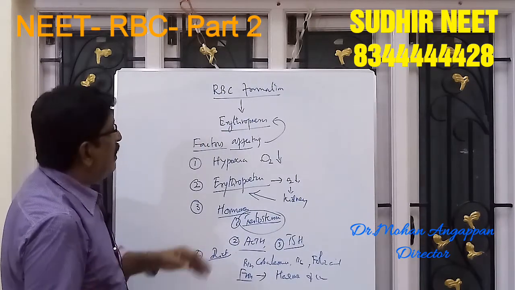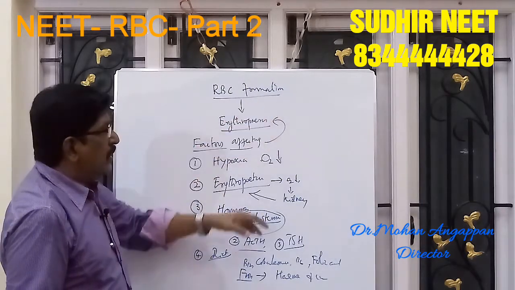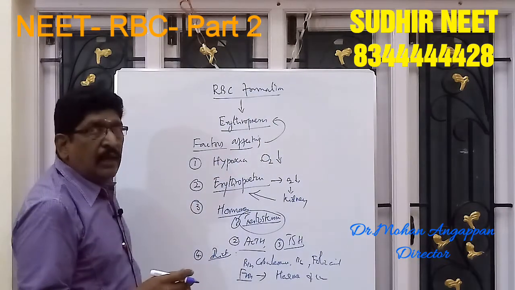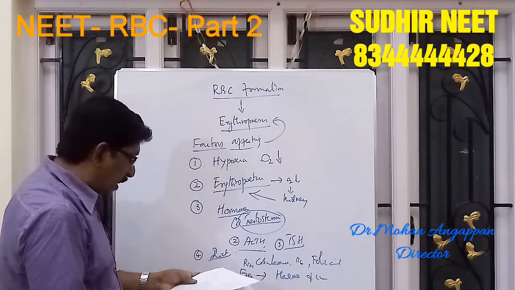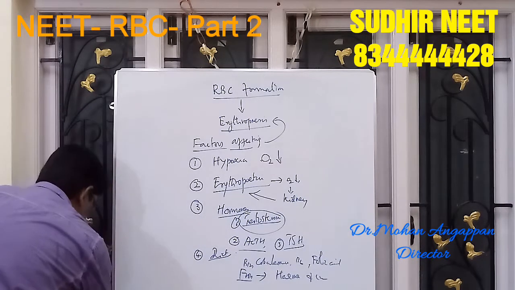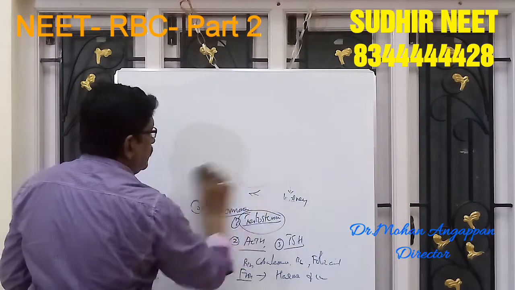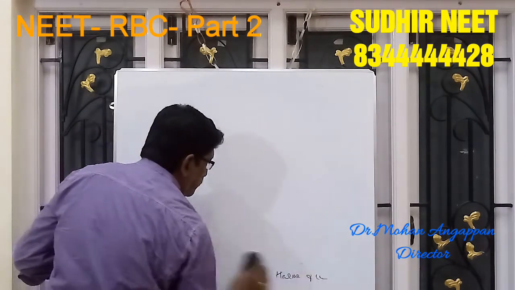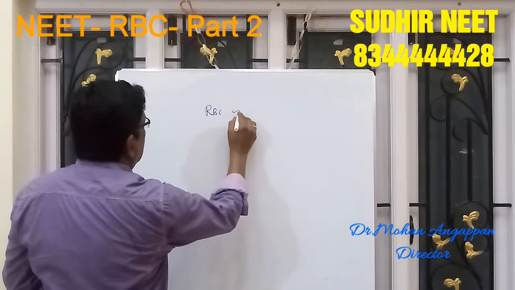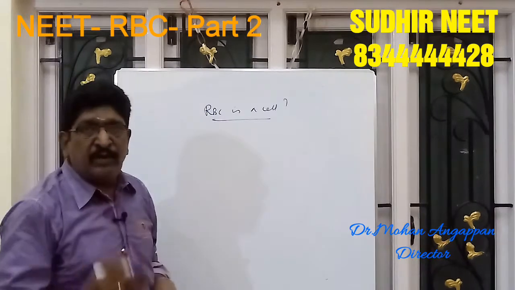So we have seen the formation of RBC, erythropoiesis, in bone marrow. Before this, we have seen the destruction of RBC in the spleen. Finally, let us come to the conclusion that RBC is a cell, though there is no nucleus. How can you say that RBC is a cell without a nucleus?